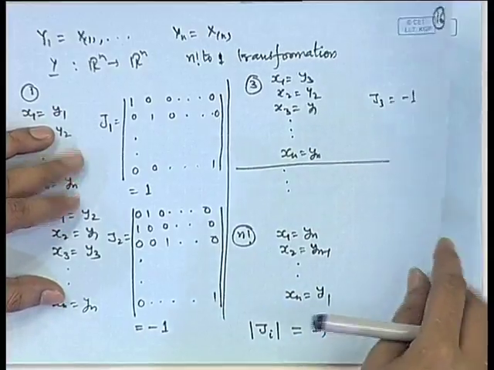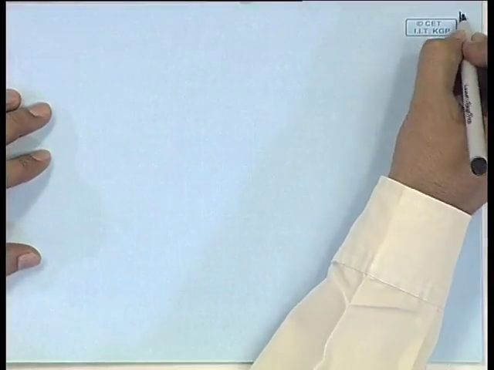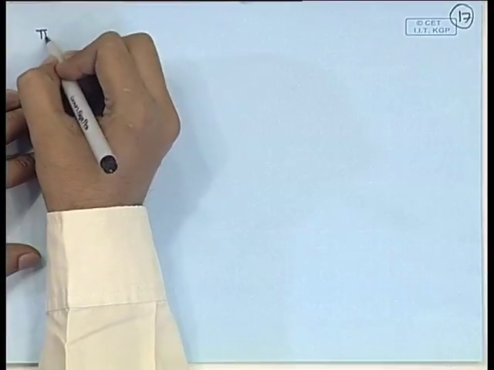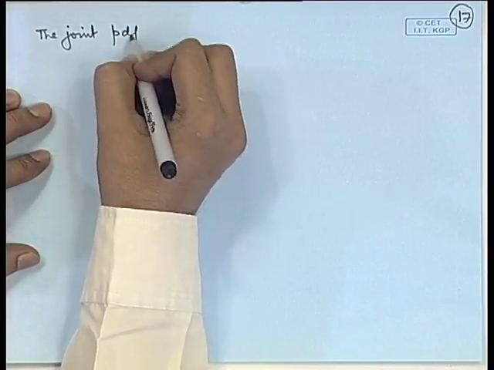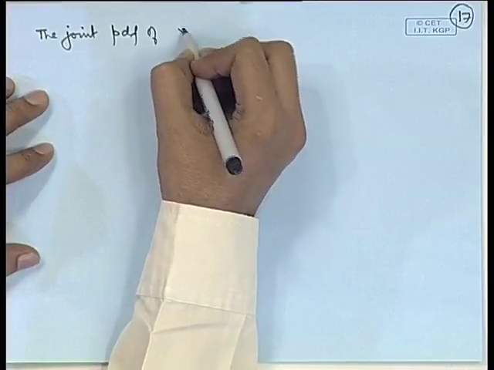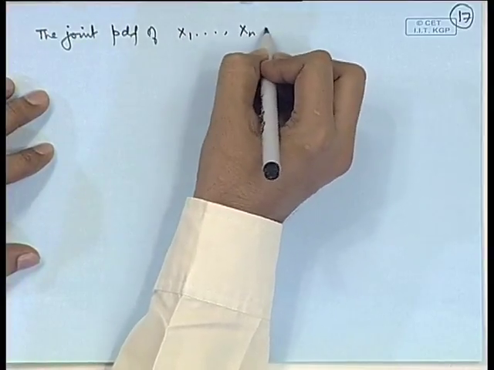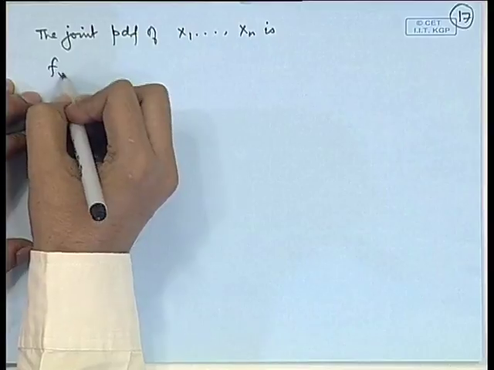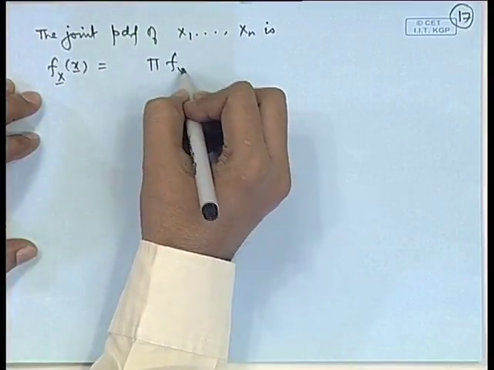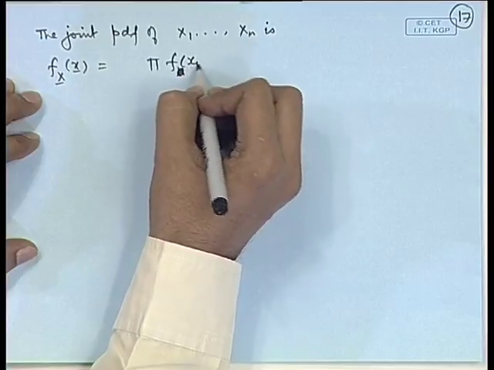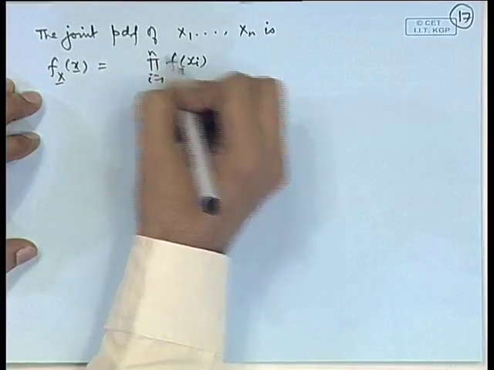Now, the joint distribution of x 1, x 2, x n is the product of f x i, i is equal to 1 to n.